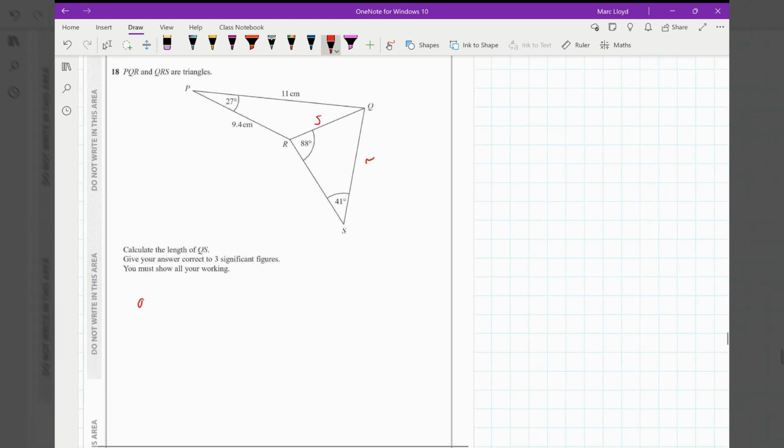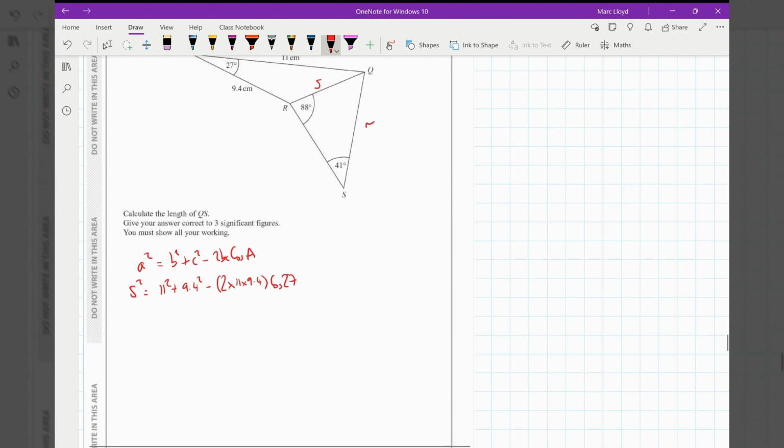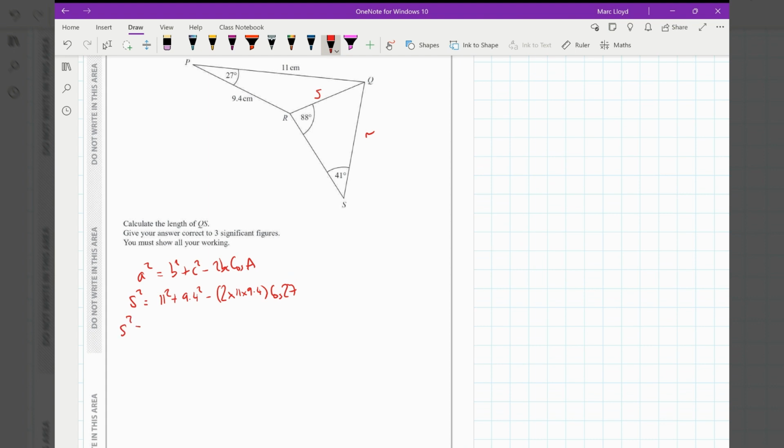So a squared equals b squared plus c squared take away 2bc cosine a. So s squared is equal to 11 squared plus 9.4 squared take away 2 times 11 times 9.4 cosine 27. Okay, so let's just work out bits of this. 121 plus 9.4 squared gives us 209.36.